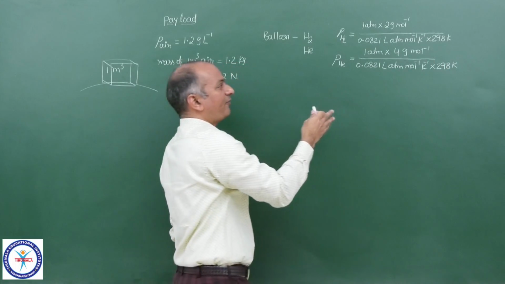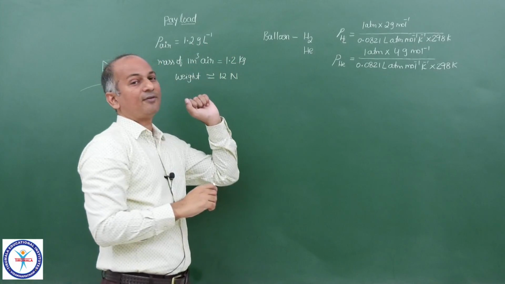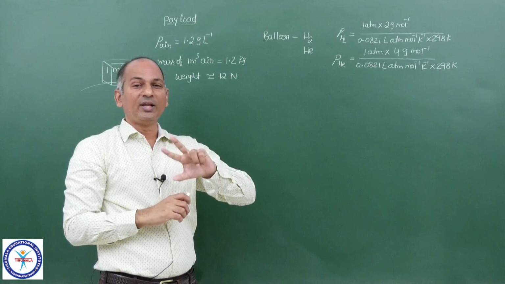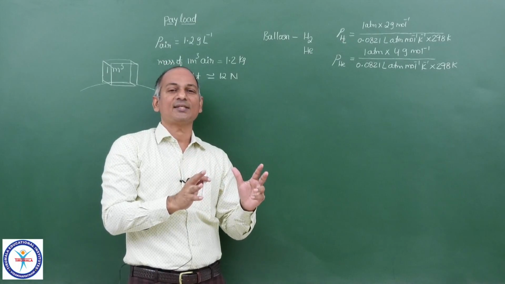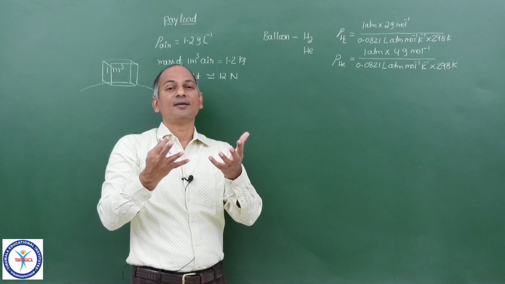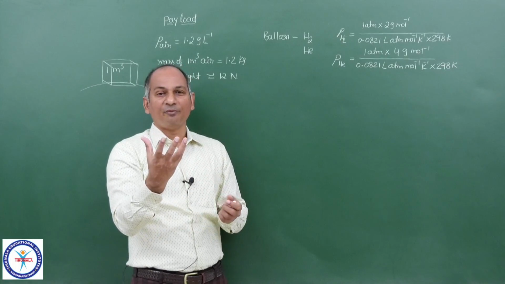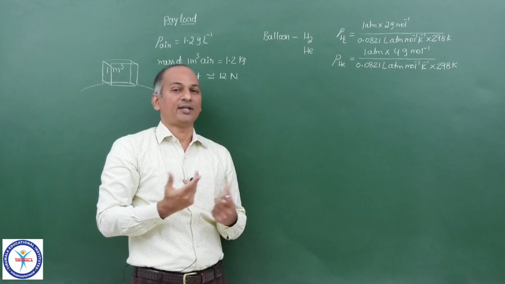Now this will also be far less than the density of air. So you fill the balloon with hydrogen or with helium, lighter gases compared to atmospheric air. Then the balloon will rise. Now you can attach some weight to that balloon and the balloon will carry that weight along. That is what is payload.